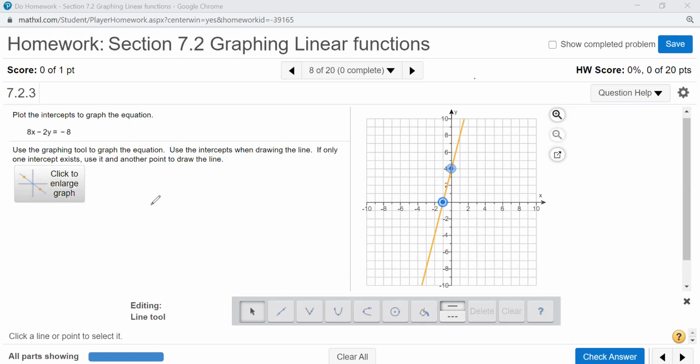What you'll do is you would subtract 8x from both sides here. So you're gonna have -2y equals -8x minus 8. Divide both sides by -2. You got to divide everything by it.